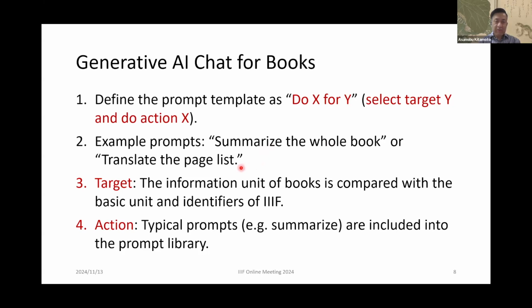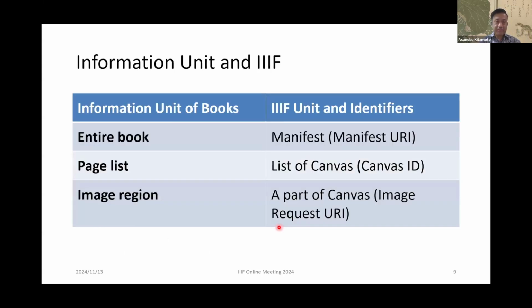The target is an information unit of books, which is compared with the basic units and identifiers of IIIF, explained in the next slide. We also provide actions, typical prompts like summarize, which are included in the prompt library, so you can easily choose the summarize action from the interface.